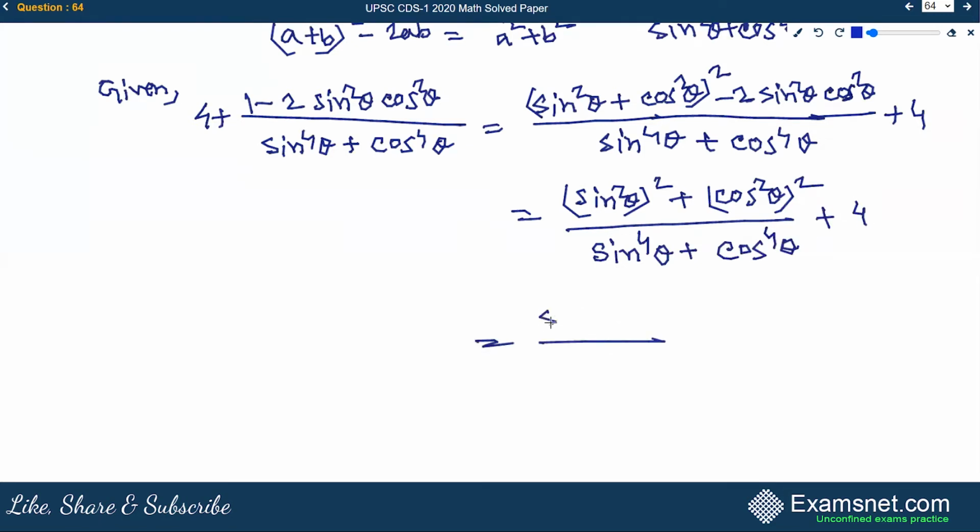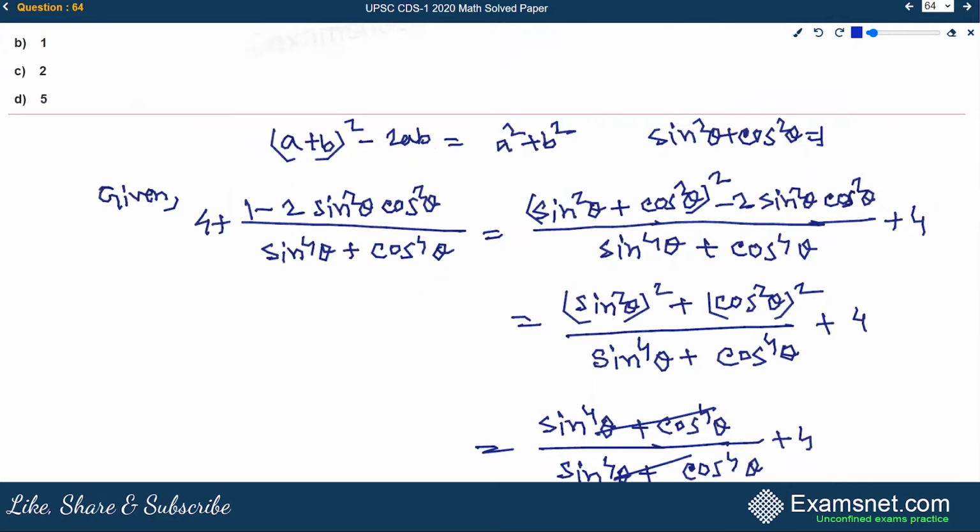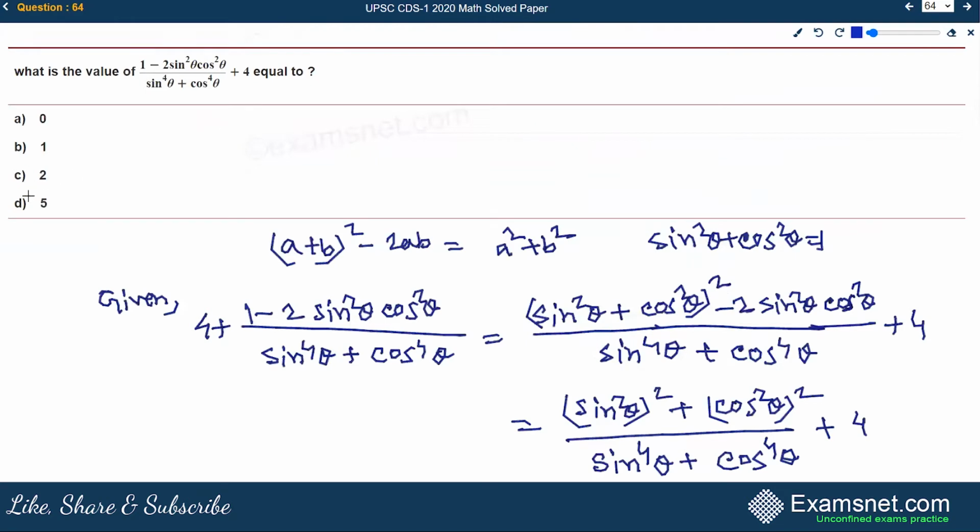So it would become sine to the power 4 theta plus cos to the power 4 theta by sine to the power 4 theta plus cos to the power 4 theta, plus 4. This would get cancelled. 1 plus 4 would result in 5. So the value for the given expression is 5. Option D is the correct answer.